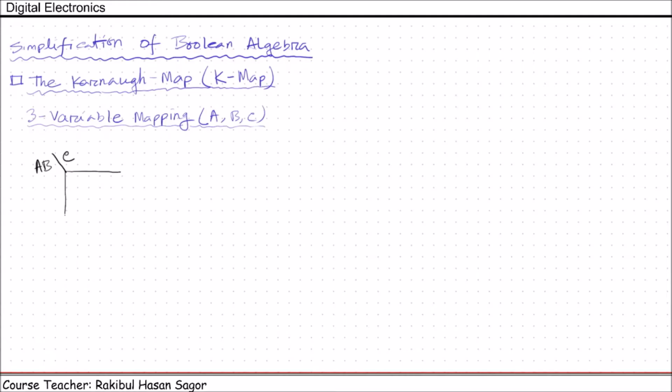Using 2 variables, we will have 4 combinations: 0 0, 0 1, 1 0, 1 1. We know this. That's why we will make 4 rows to represent that. And using 1 variable, we can have 2 combinations, either 0 or 1. So the value of C can be written here as 0 or 1.